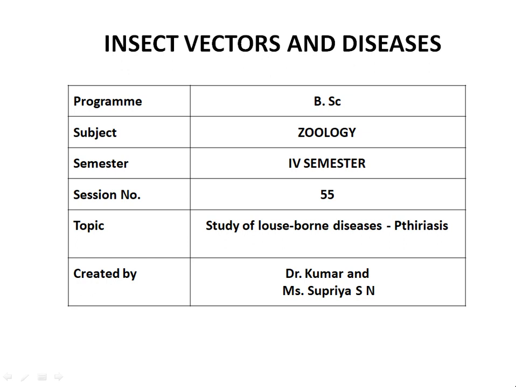So in this video, we will discuss the last human louse-borne disease, that is Phthiriasis. This comes under paper 4, that is insect vectors and diseases, BSc 4th semester zoology, Tumkur University.